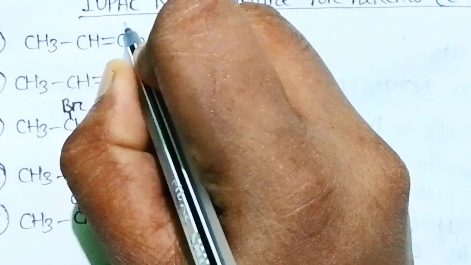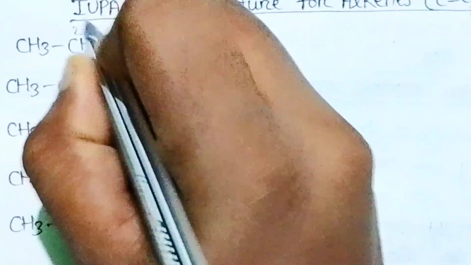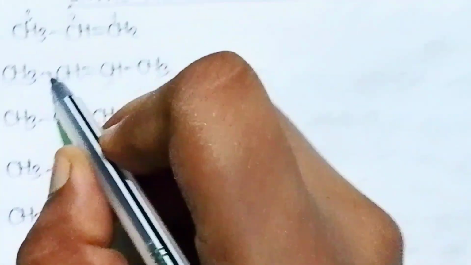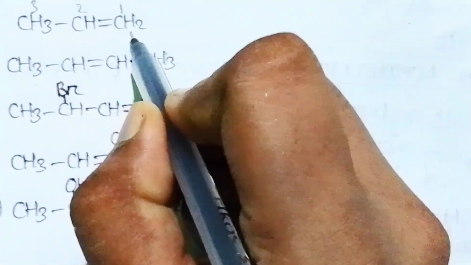Here we have to number it from the right side as 1, 2, 3, because from here it possesses the lowest possible number.